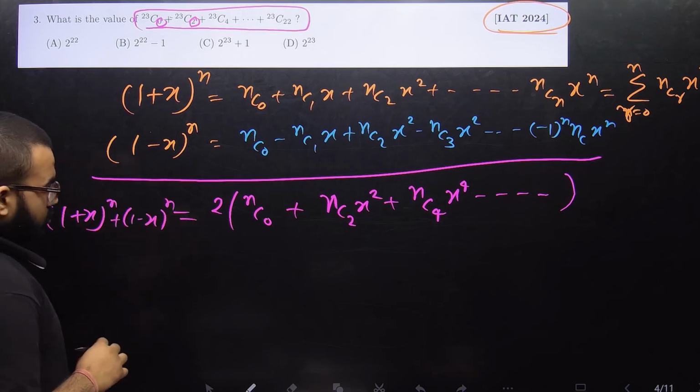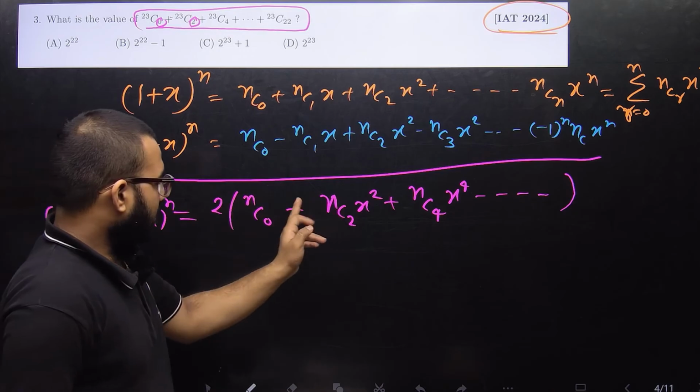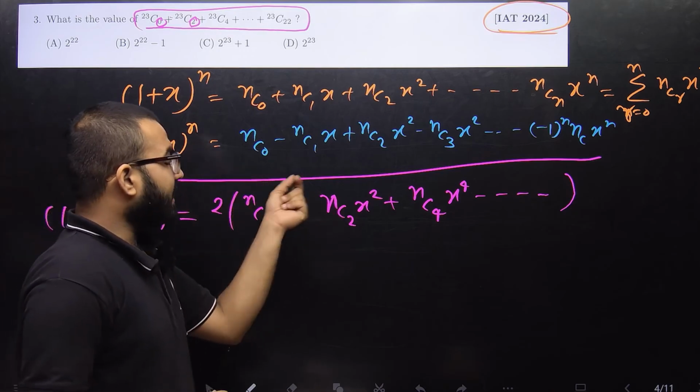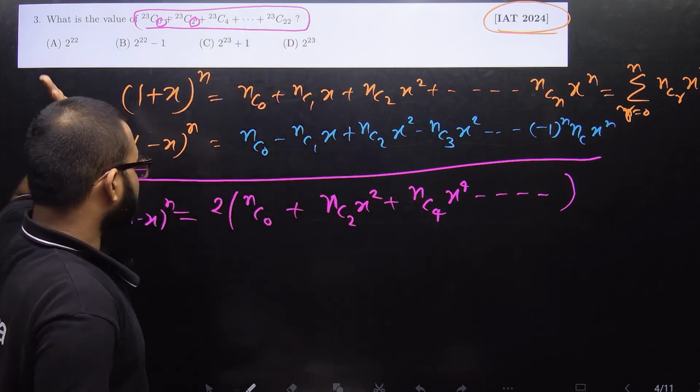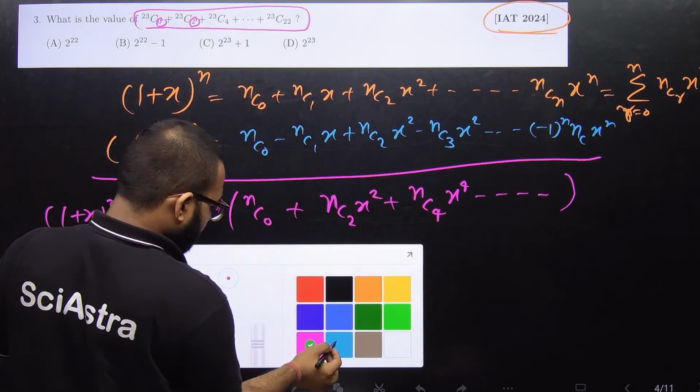Alright. So if we put n equal to 23 and x equal to 1, then we get this series.